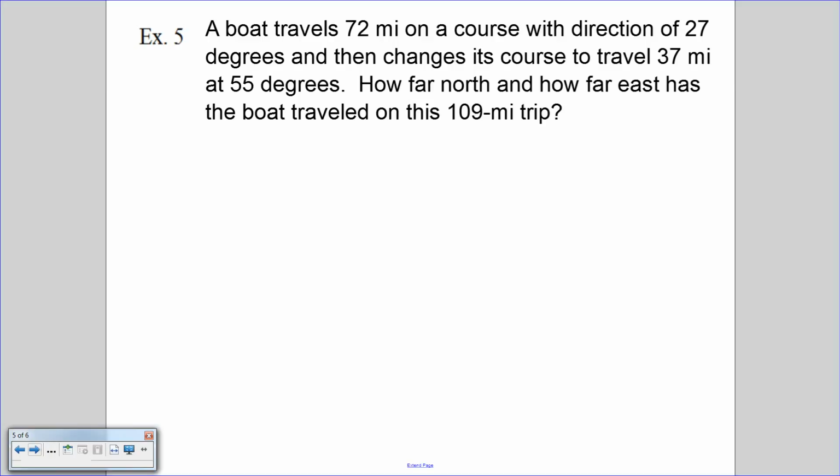So a boat travels 75 miles on a course with a direction of 27 degrees, and then changes its course to travel 37 miles at 55 degrees. We have it moving, and instead of boat, maybe we should just say train, because today's train and brain day. So a train travels 75 miles on a course with direction of this, and changes its course to travel 37 miles at 55 degrees. How far east and how far north did the train travel on this trip?